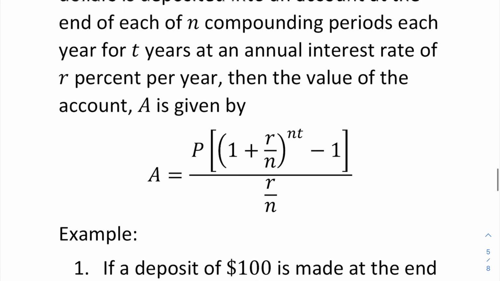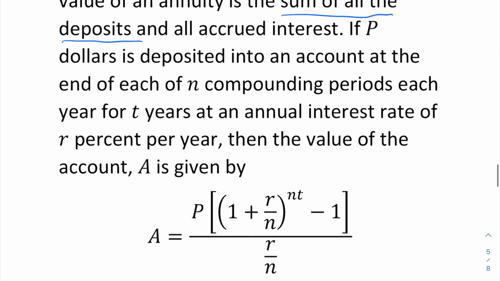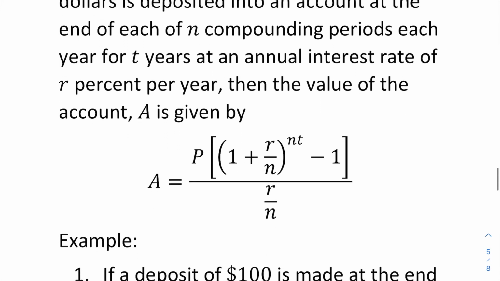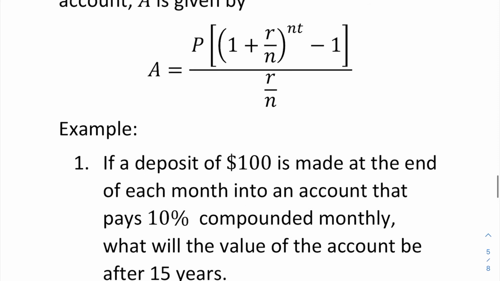So we're making n deposits. N is the number of deposits we're making, and P is the size of the deposit, and the interest rate is R. So here's the formula for it, and here's an example we can use using this formula.